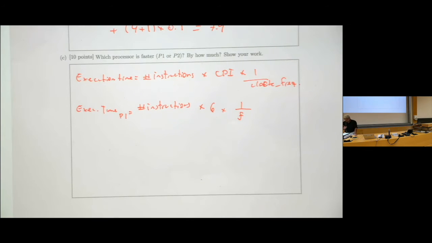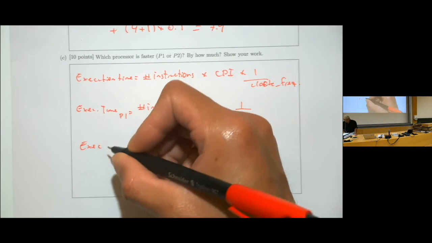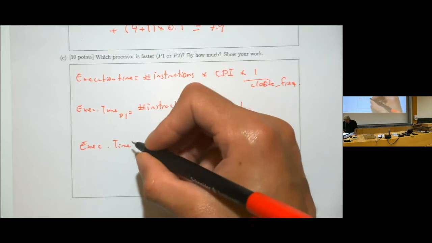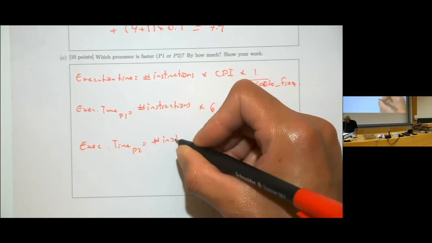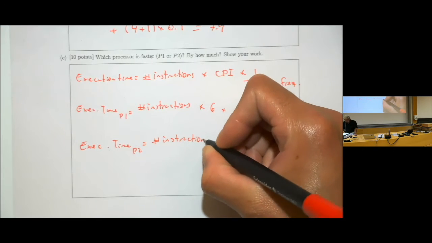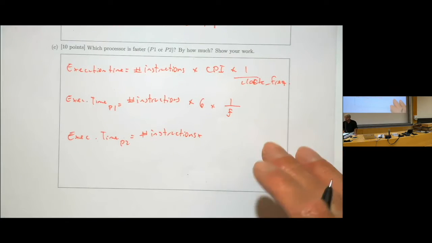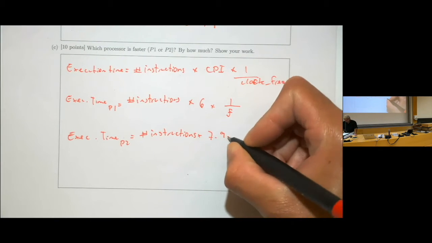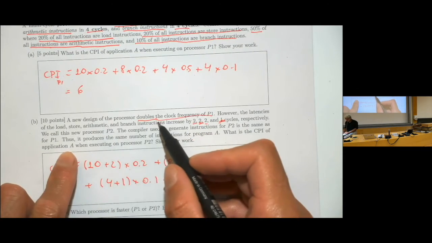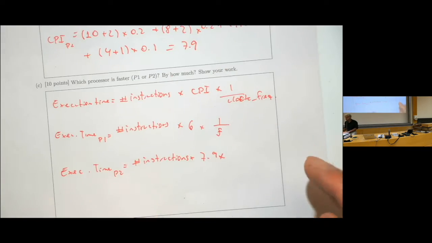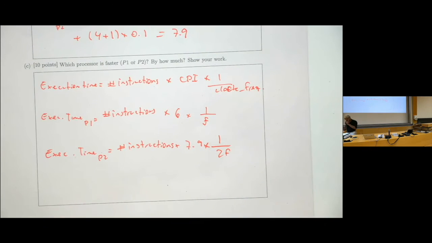And the execution time of P2 is going to be the number of instructions times the CPI that I calculated in the previous question, 7.9, times, from the other question, we saw that the new design doubles the clock frequency, right? So if the frequency was 1 over F, this is going to be 1 over 2F, right?